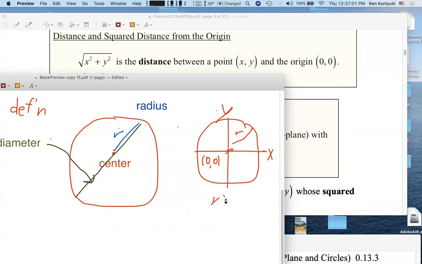Remember, a radius has to be positive by definition. The radius is the distance between any point on the circle and the center. All right.